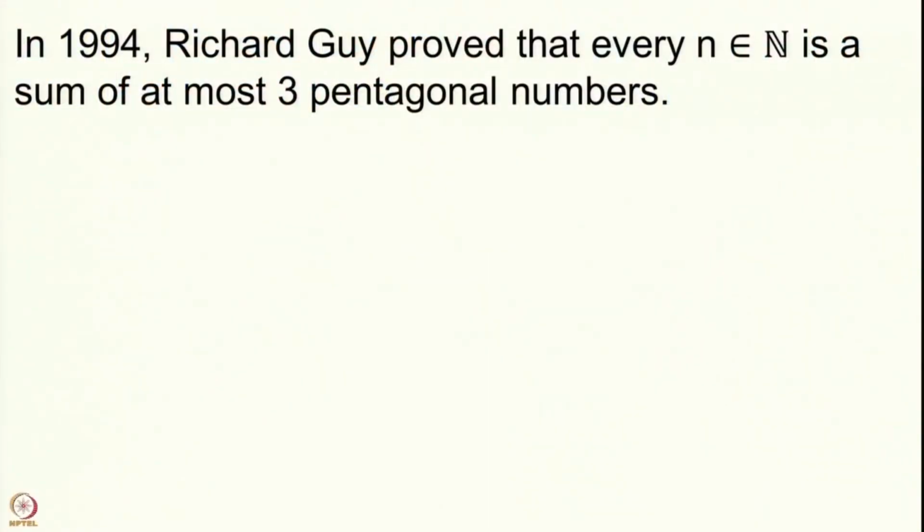And we can ask what would happen for higher polygonal numbers. So, Richard Guy in 1994 proved that every natural number is a sum of at most 3 pentagonal numbers, but he generalized the earlier concept of a pentagonal number.